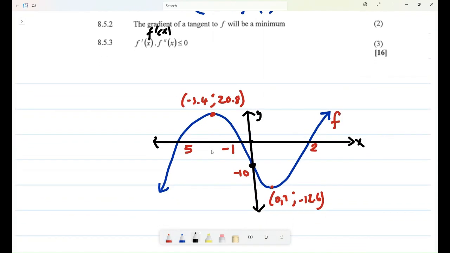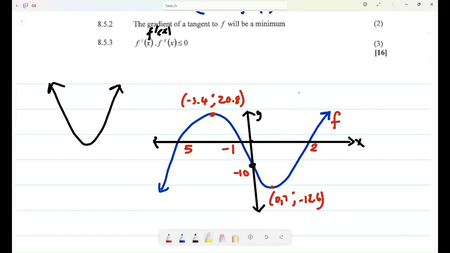What I'd advise you to draw is your first derivative. Remember, it's going to be a happy parabola like this. You see here at this point it is a minimum, right?